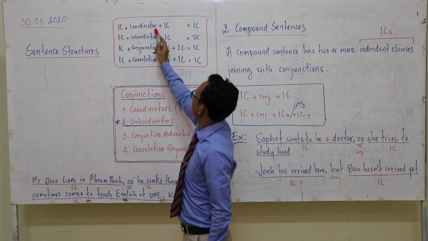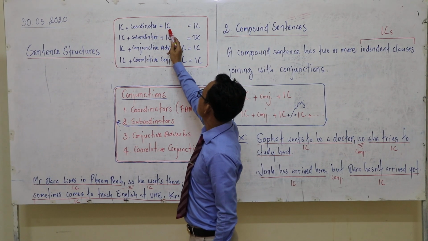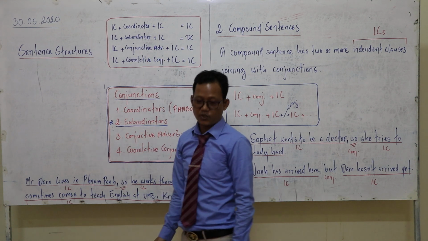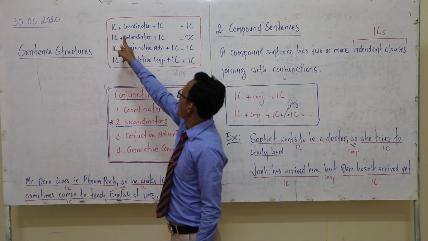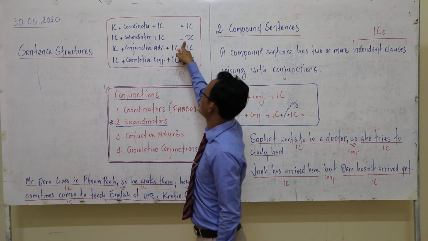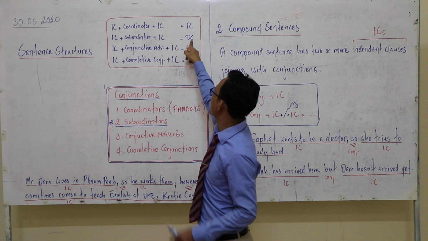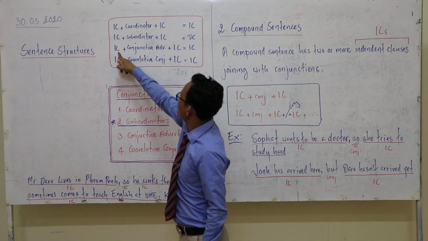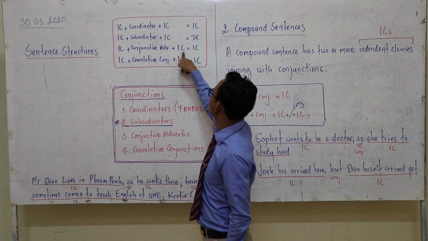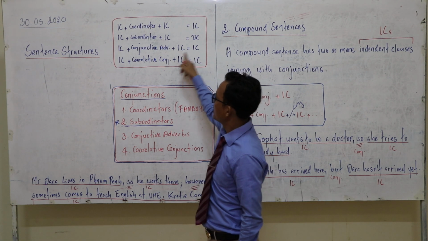IC plus coordinator plus IC becomes IC. I think you remember this. IC plus subordinator plus IC becomes DC, not IC, right? IC plus conjunctive adverb plus IC becomes IC.